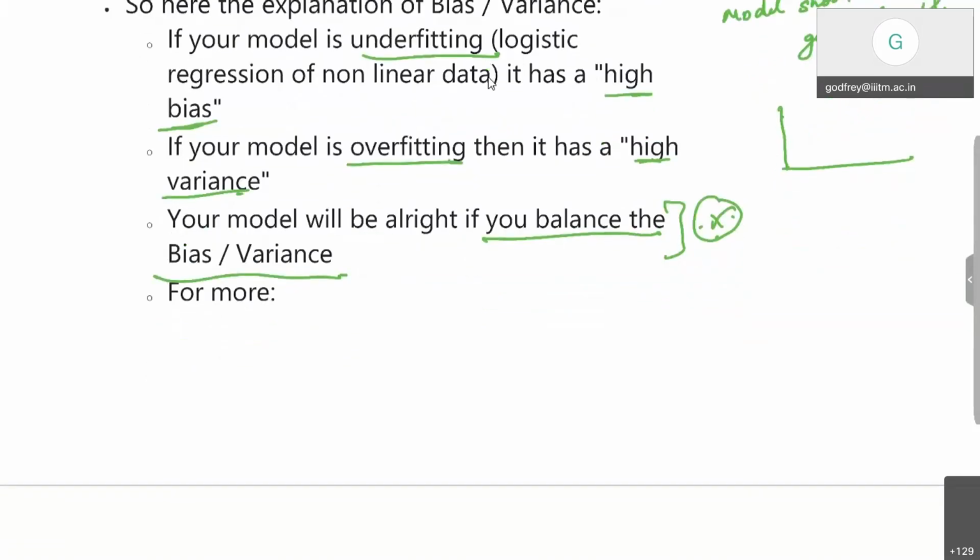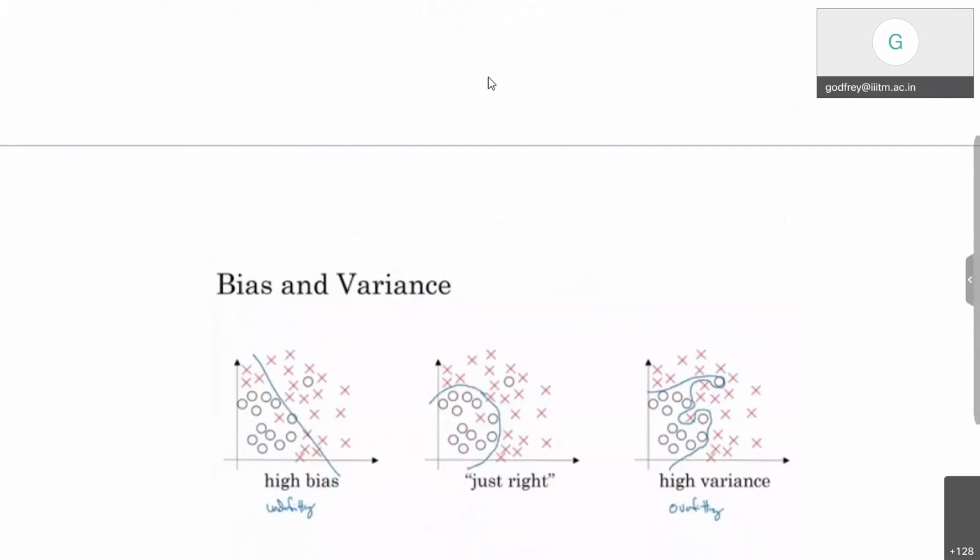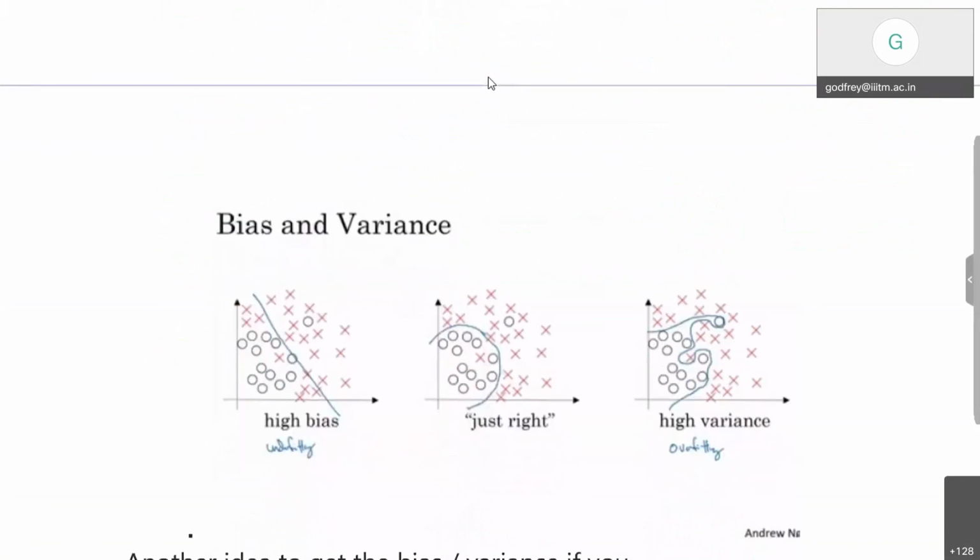Say, for instance, you have this example. Here you have a line that separates these two classes, and you can say that the line is too simple a model to separate these two classes because this led to several errors.